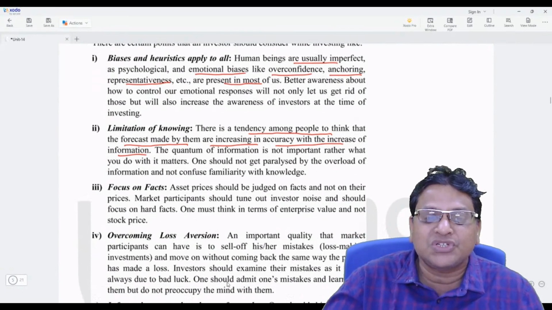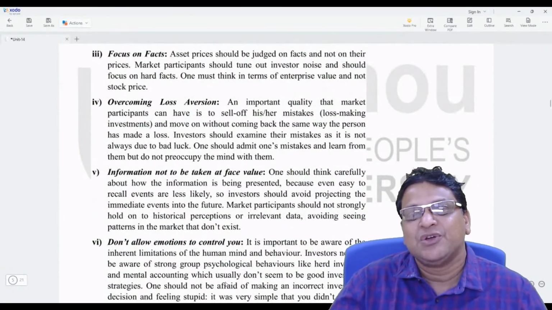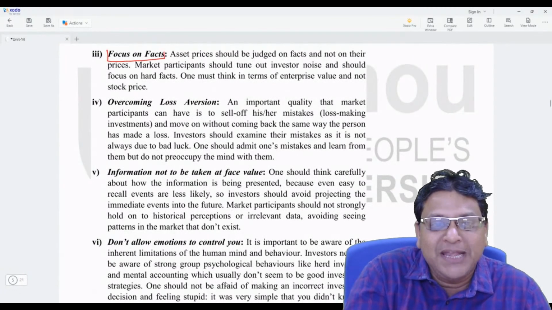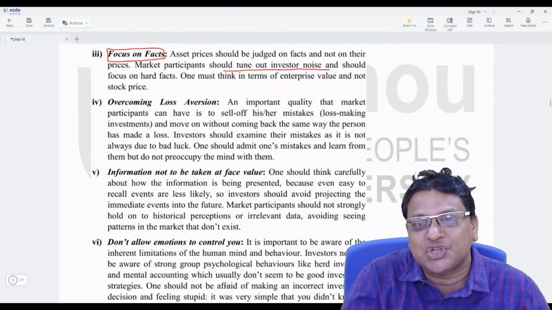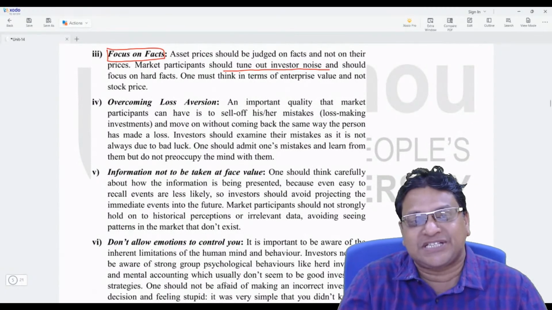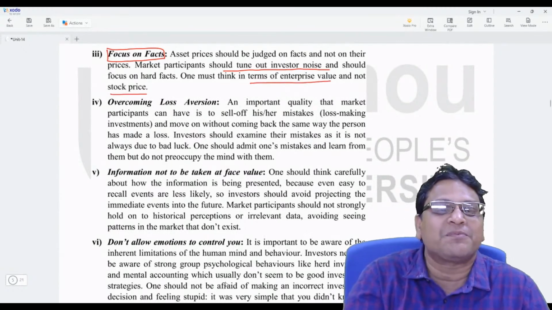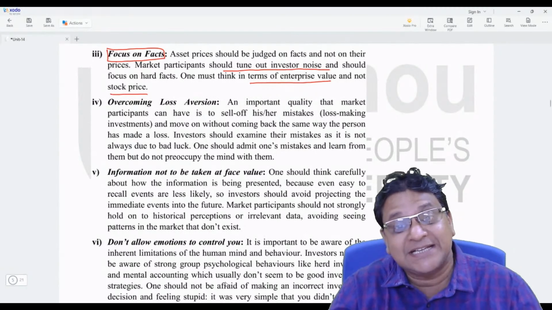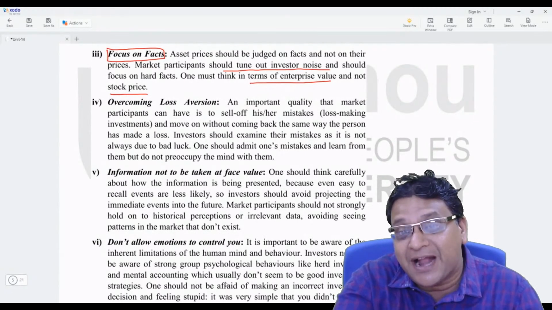Next, focus on facts. Generally, we know that asset prices should be judged on facts and not on their prices. Many market participants tune out investors' noise. They are affected by noise. One must think in terms of enterprise value, not on stock price. We know that there are many companies whose stock price increases, and by looking at this, many people put their money in those companies.